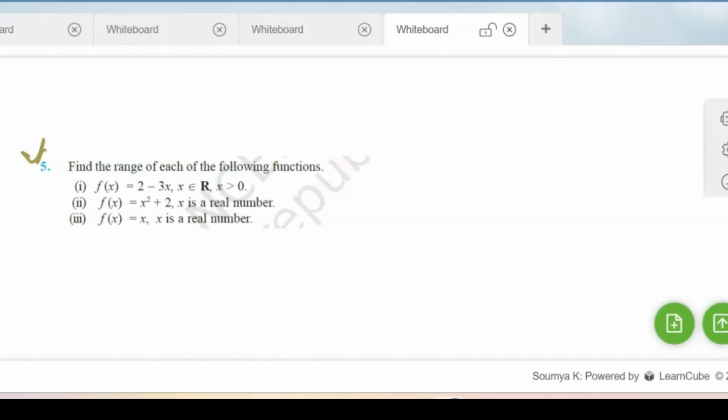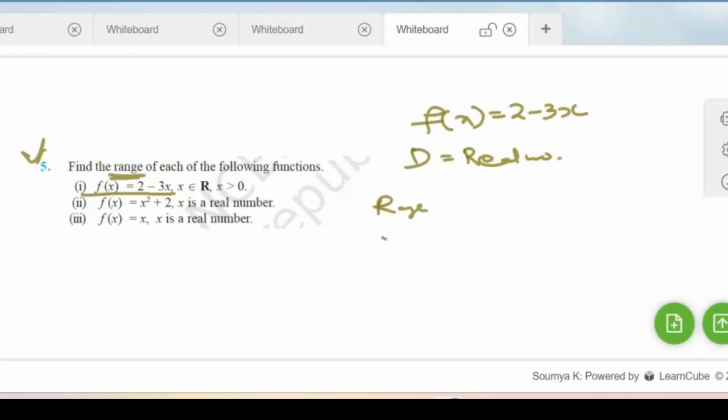Solve the fifth question. You can see here, find the range of the given functions. Okay, so f of x is 2 minus 3x. In this case, domain is given as all the real numbers. So you have to find the range. Let's find out the domain which is greater than 0. That is also mentioned. So it will be 1, 2, 3 like that.